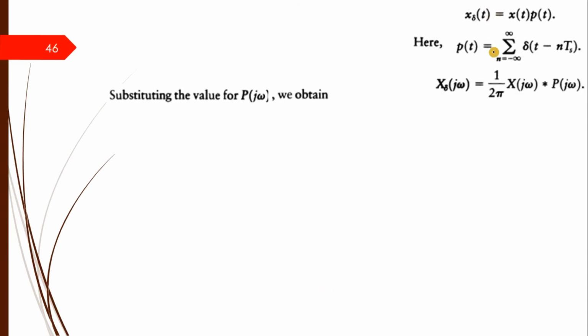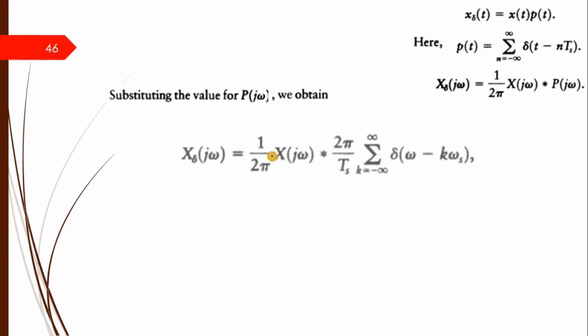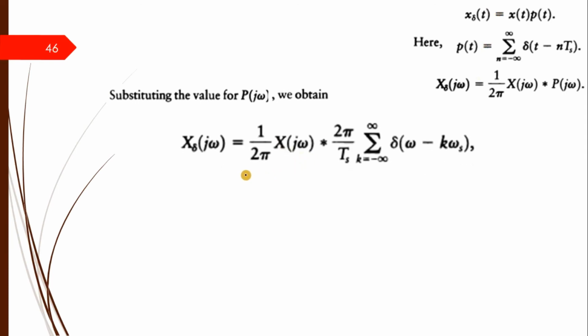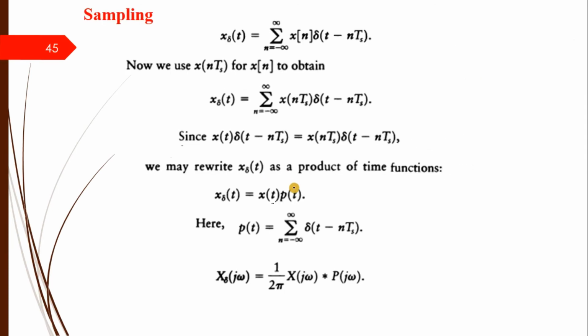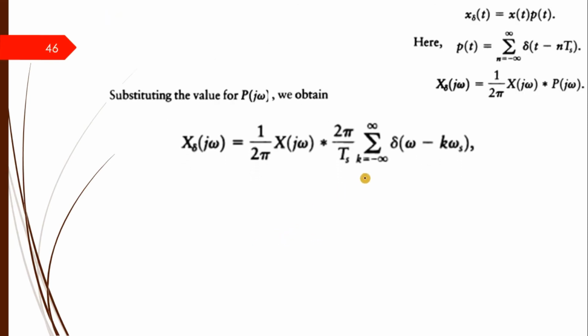I have taken the same values for reference. P of j omega is nothing but the Fourier transform of the impulse train, which we computed in the very first topic on the relation between FT and FS. If I take its Fourier transform, we get an impulse train again, 2 pi by ts summation delta of omega minus k omega s.